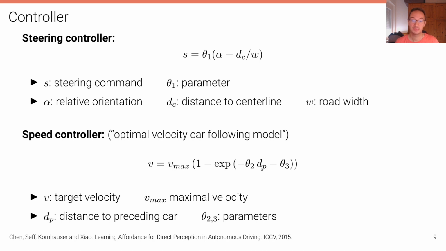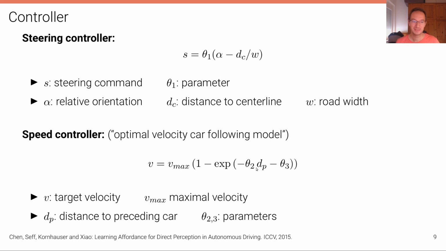For example, if the car that's preceding us is very far away, if this value is very large, then we obtain a very large negative value inside the argument of this exponential, which means that the exponential is close to 0. So we go with close to the maximal allowed velocity.